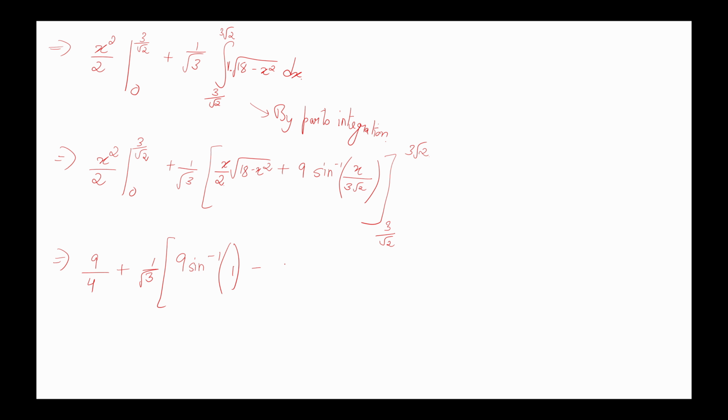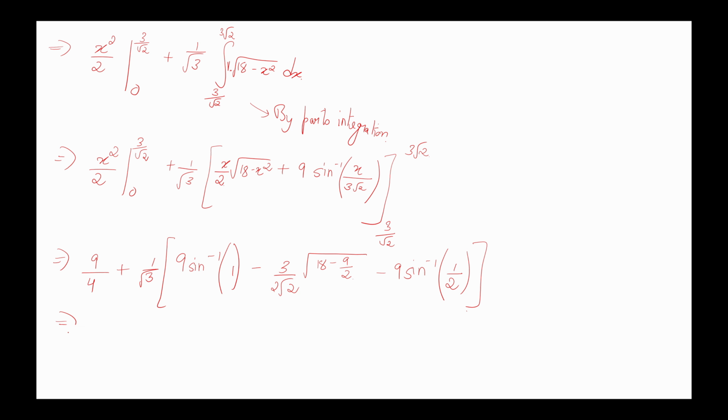minus, what are we going to have here? This would become 3 by 2 root 2 root under 18 minus x square, so 18 minus 9 by 2, minus 9 times sine inverse 3 by root 2. If we put 3 by root 2, this would become 1 by 2.